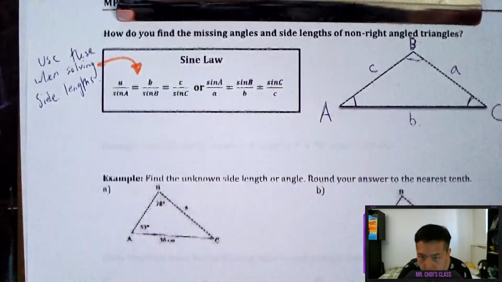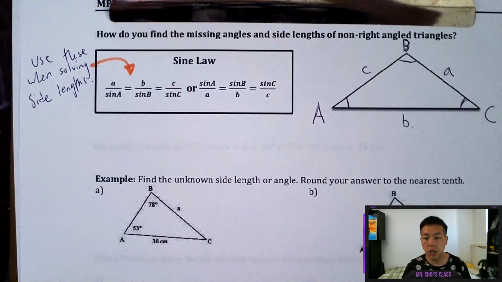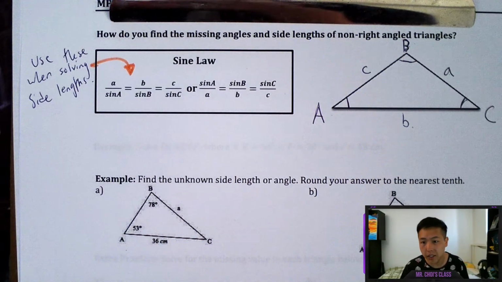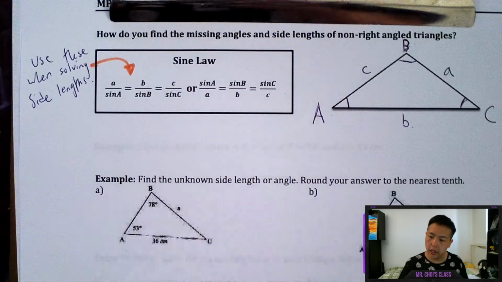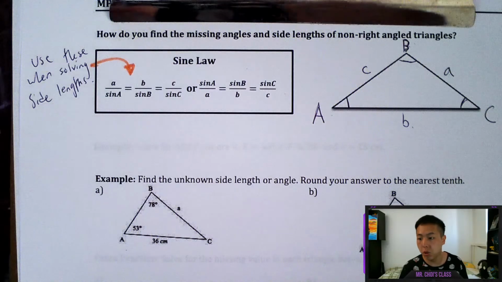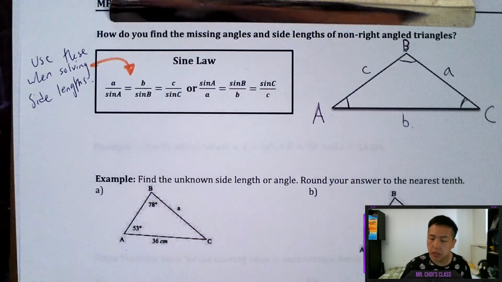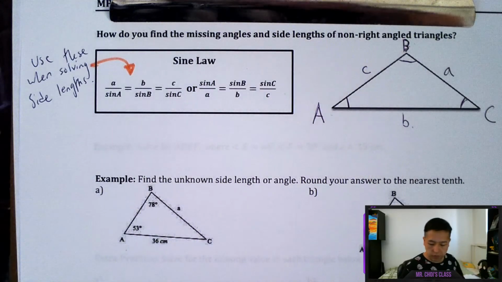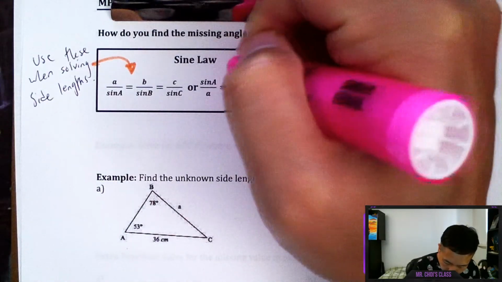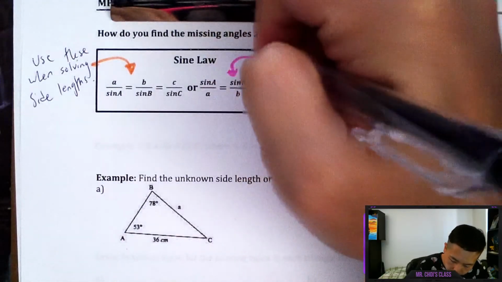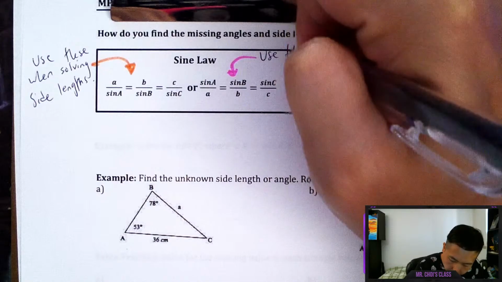The reason is that when we do the actual solving and we're trying to solve for the side length, this side will make it easier instead of having to flip fractions or do more steps in your algebra. So the left side will make it easier when you solve side lengths, which means the right side, use these when solving angles.